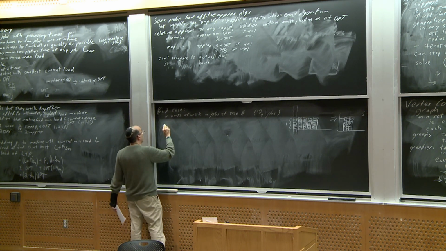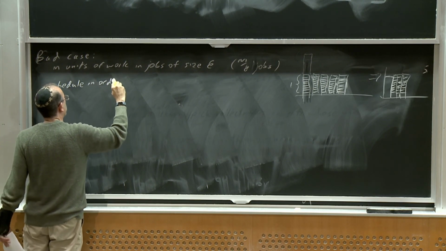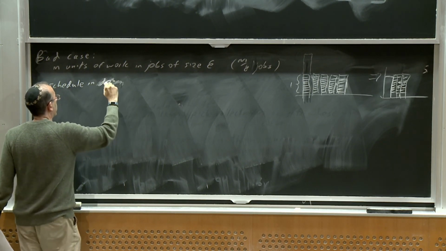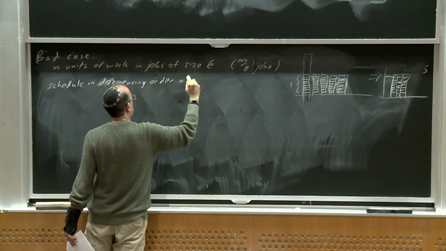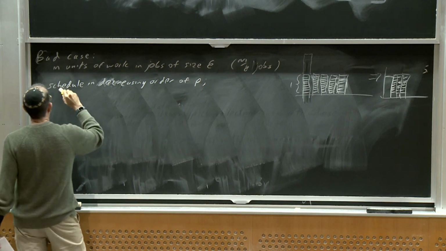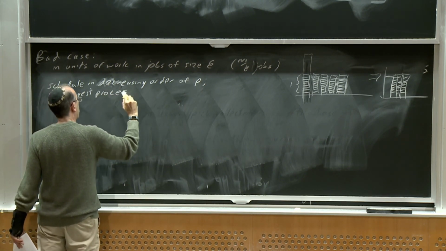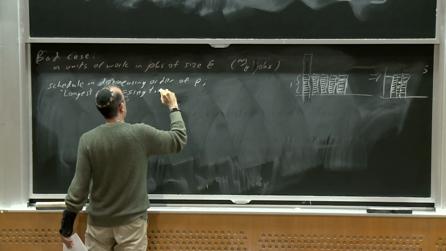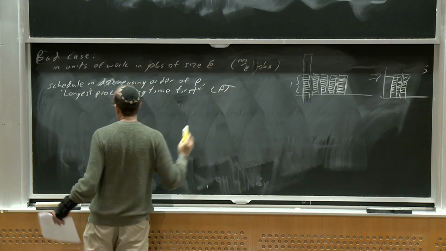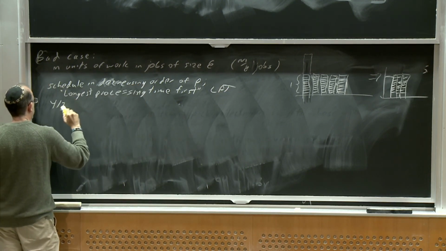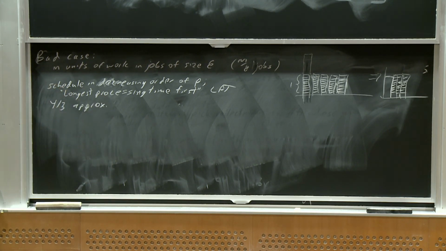So if you schedule in decreasing order of p_j, which is known as longest processing time first, or LPT, it turns out that that gives you a 4/3 approximation. Okay, just that little change.